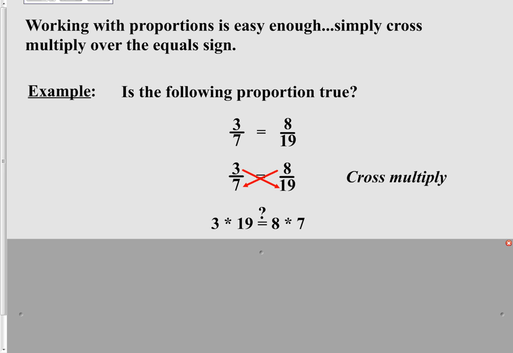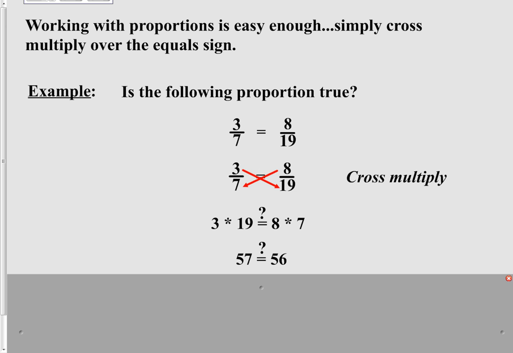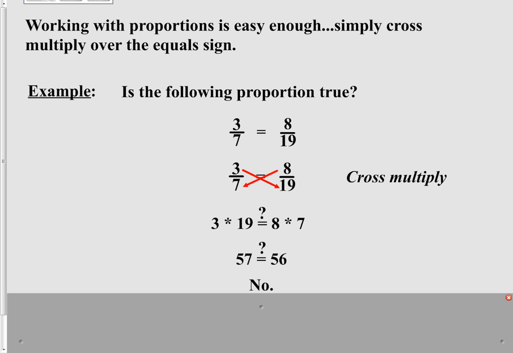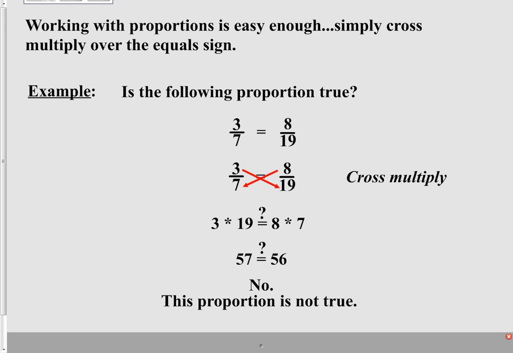So we have a little bit of math and a question. 3 times 19, is that equal to 8 times 7? If it is, then our proportion is good. If it is not, then our proportion is bad. Well, 3 times 19 is 57, and 8 times 7 is 56. So right now we have a statement that says 57 equals 56. Obviously, that is not true. So what does this mean? It means the proportion is not set up correctly.